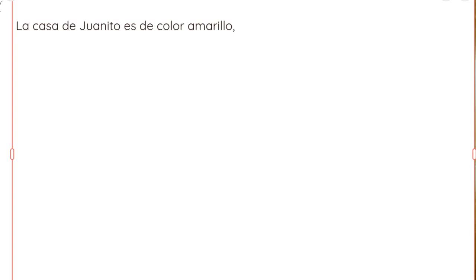El techo de la casa es de color rojo, coma. El techo de la casa es de color rojo, coma.